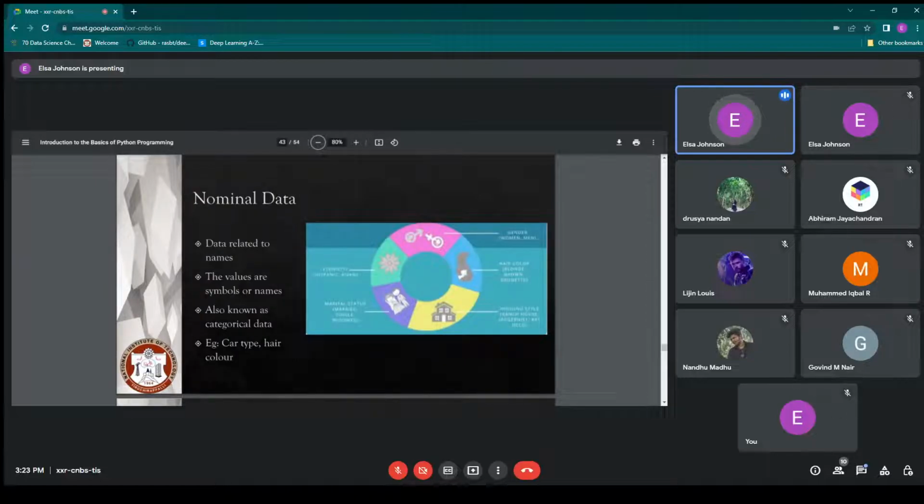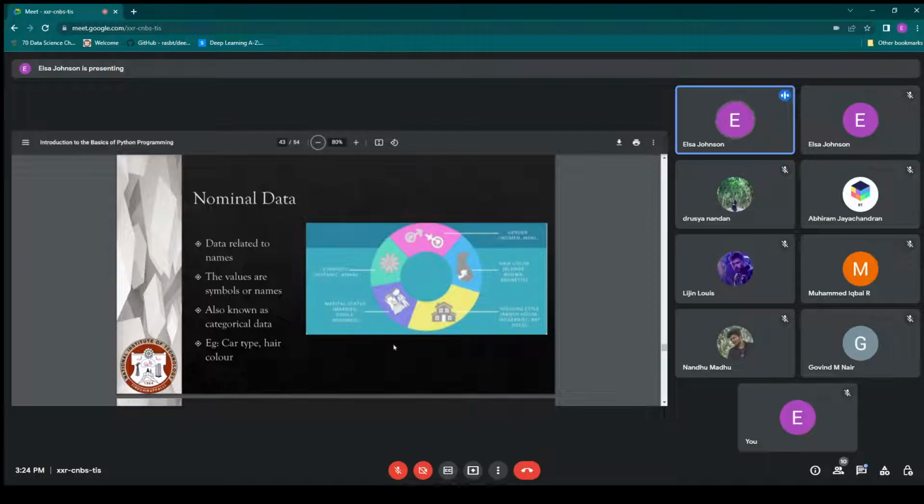So nominal data means data related to names. For example, gender, it can be women or men. Hair color can be blonde, brown or brunette. Housing style, ranch, modernist art. Then car type can be sedan, SUV or hatchback. Then marital status, married, single or widowed.